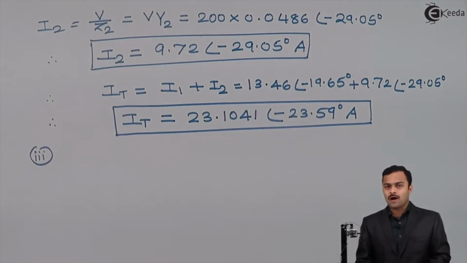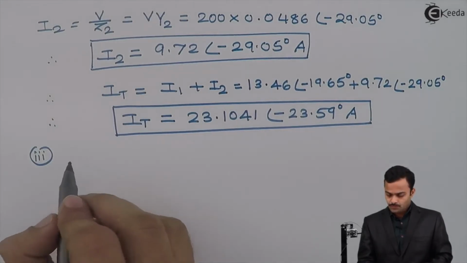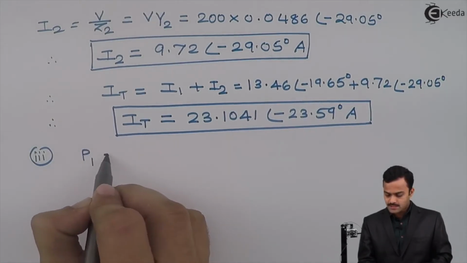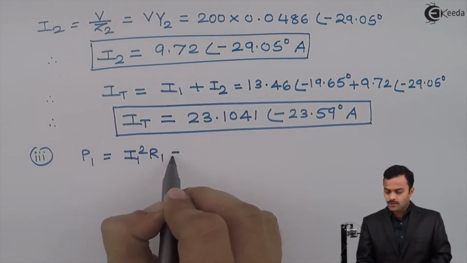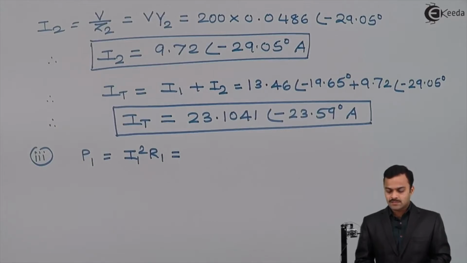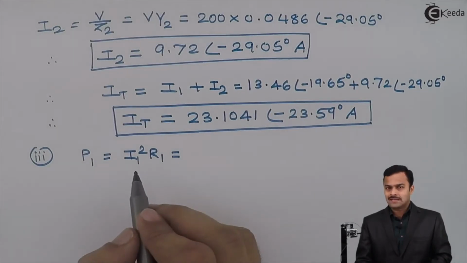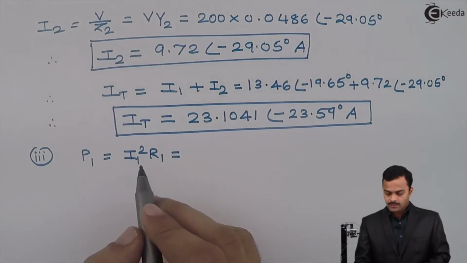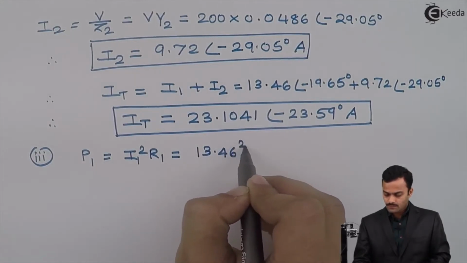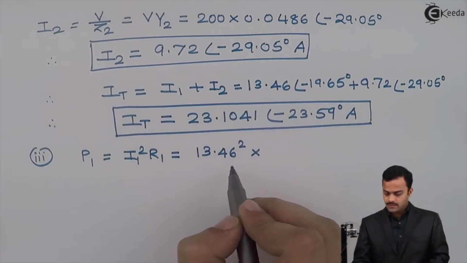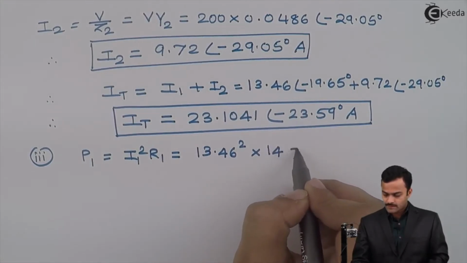The third part is related to power and power factor. Power in the first branch is I1 square R1, because we know only resistance is responsible for power consumption. I1 is 13.46 and R1 is 14.